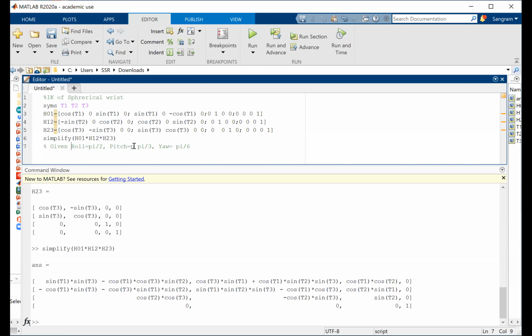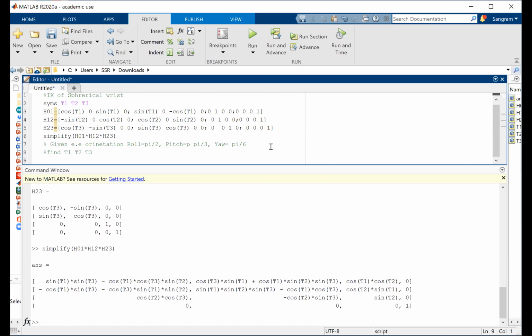Given the EE orientation, find T1, T2, and T3. Everybody understood this is the spherical wrist problem.